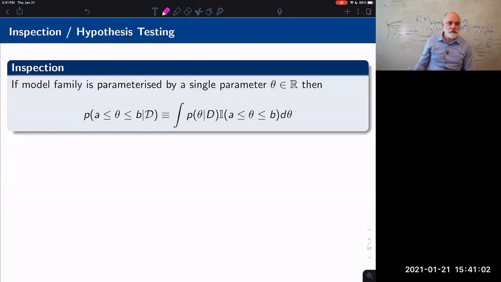Okay, and the Bayesian approach to what you would do in frequentist statistics, where you compute p-values and do hypothesis testing, is instead to integrate test functions against your posterior.